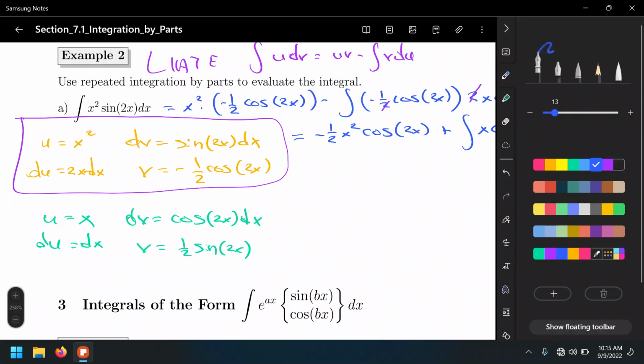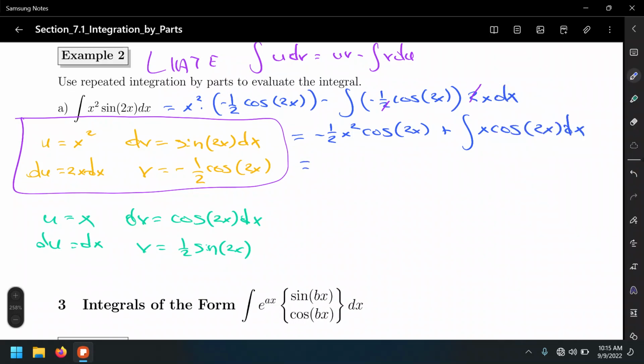Alright, so let's go back to the integral right here. So negative 1/2 x squared cosine 2x plus whatever we get from integrating this by parts, which again is going to be u times v, that is x times 1/2 sine 2x, minus the integral of v du, which is just dx.